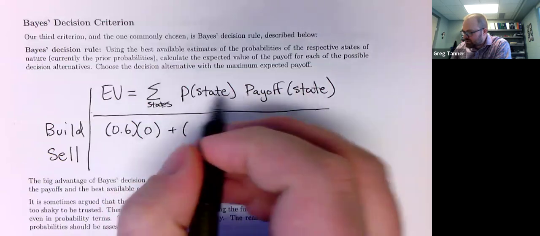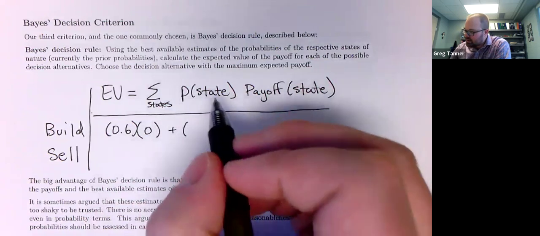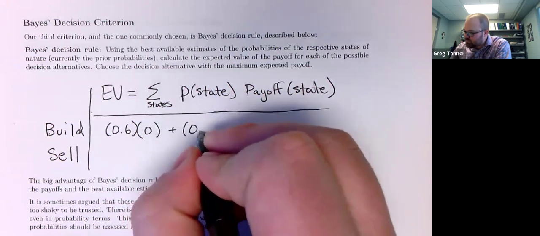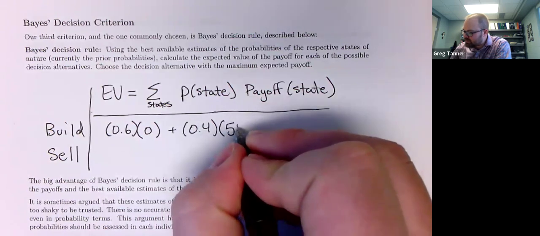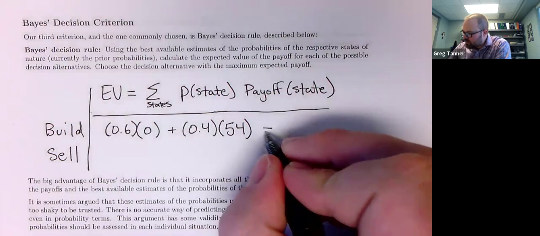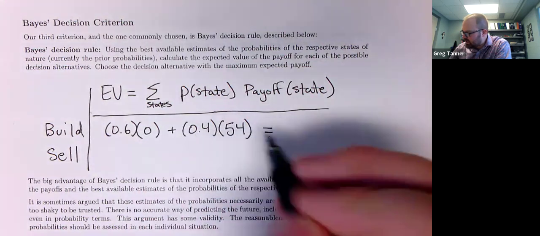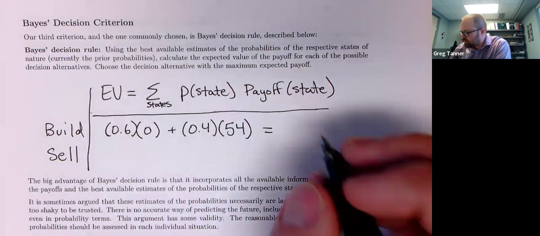And then we're going to add to it the probability of the second state, which is 40%, times the payoff from that second state, which is 54 million. Okay. And if we go ahead and crunch the numbers, do the multiplication and add them together, we should end up with a payoff of 21.6 million.